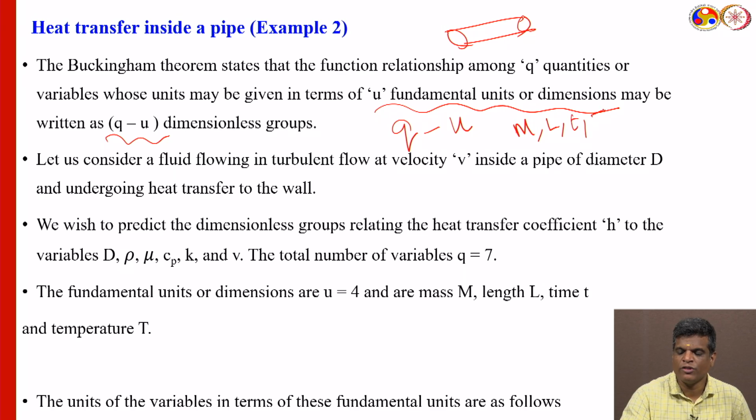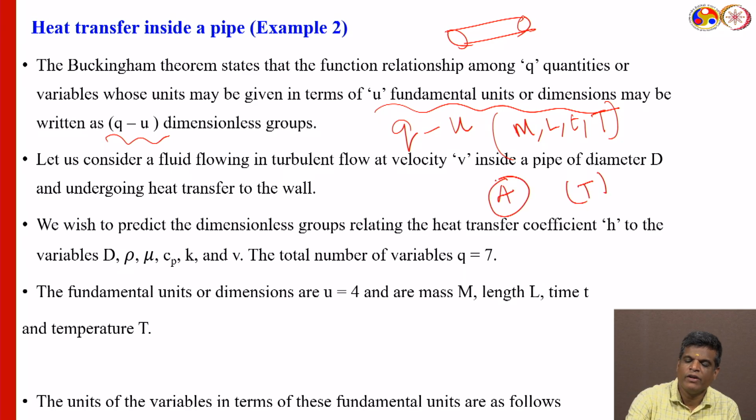Since heat transfer involves temperature, which we did not introduce before, we have to introduce it. So totally we have 4 fundamental dimensions, and the total variables are 7. So 7 minus 4, same way we will get 3 dimensionless numbers.